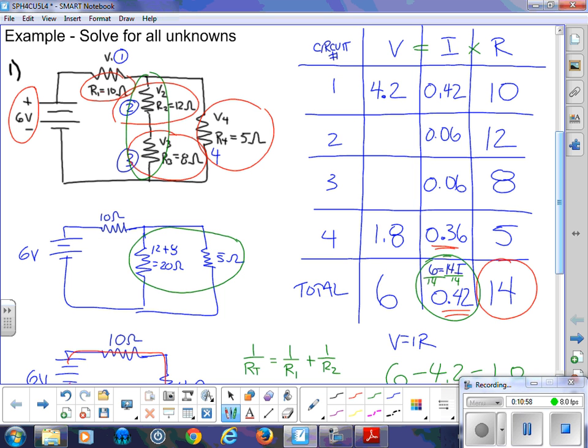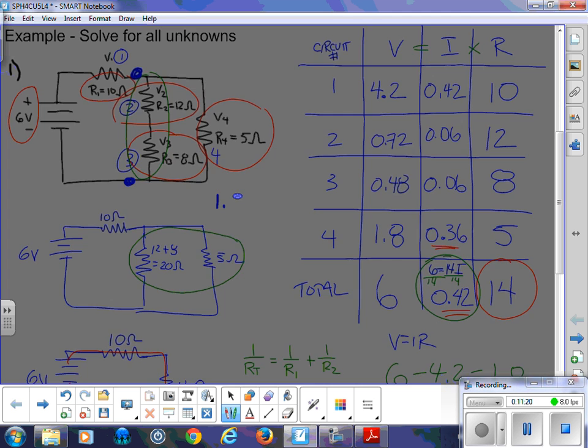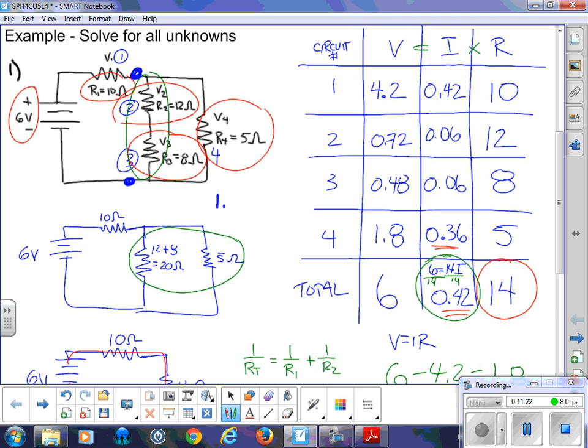Now we have V equals IR again. So we do 0.06 times 12, and I get 0.72. 0.06 times 8, and I get 0.48. And I can check because, remember I said earlier, to get from here to here, I'm going to eat 1.8 pretzels. So I knew that there.